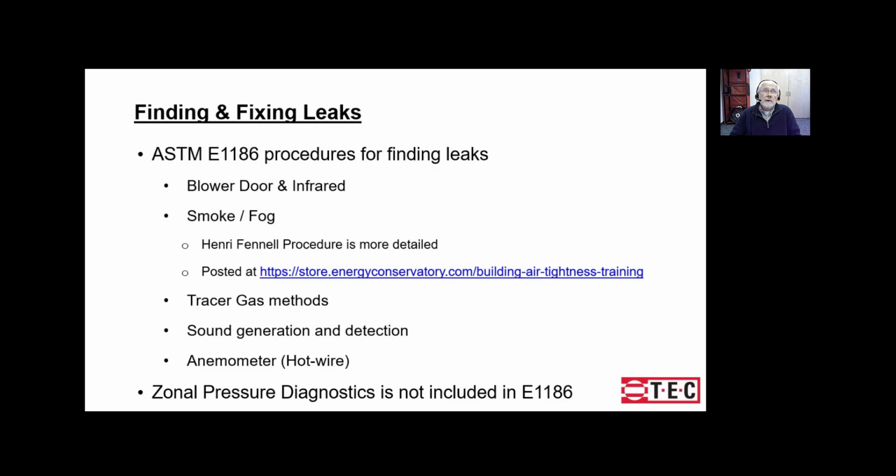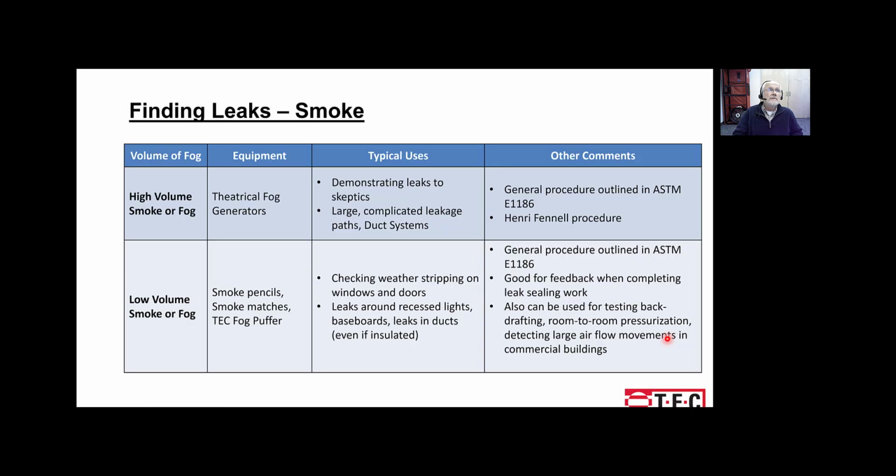You'll see the pressure change in that zone, and there's quite a detailed procedure for doing that I'm also not going to talk about in any more than this today. Just mentioning it.